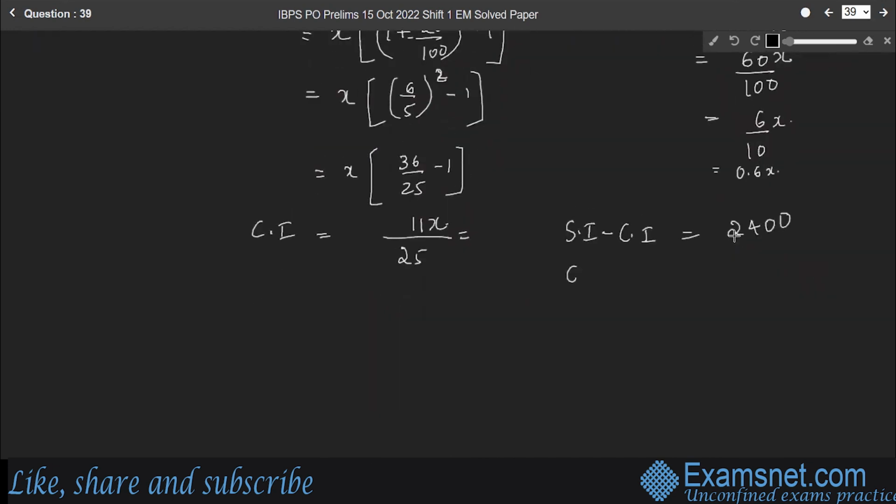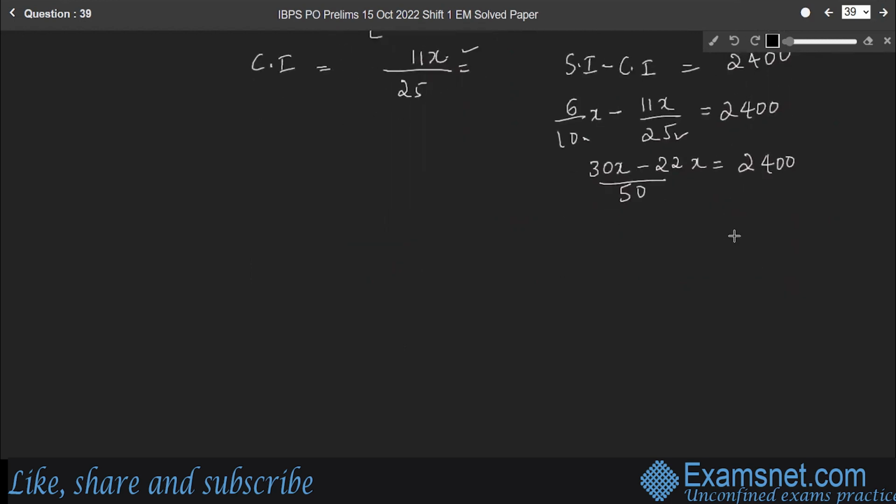Simple interest is 6 by 10x minus compound interest 11x by 25 is 2400. Here 50 is the LCM. So 10 into 5. So 6 into 5 is 30x. So 25 into 2 is 50. So 22, right? 22x. So 2400.